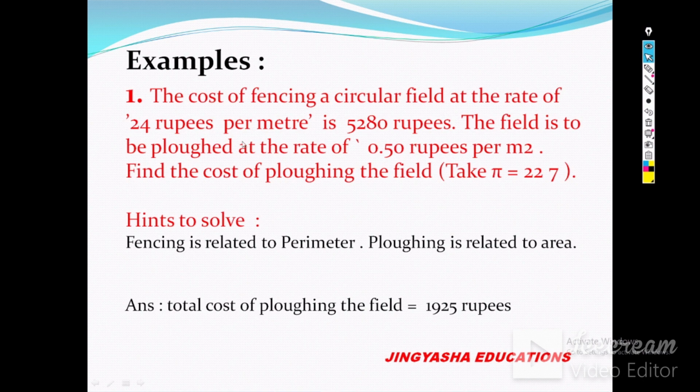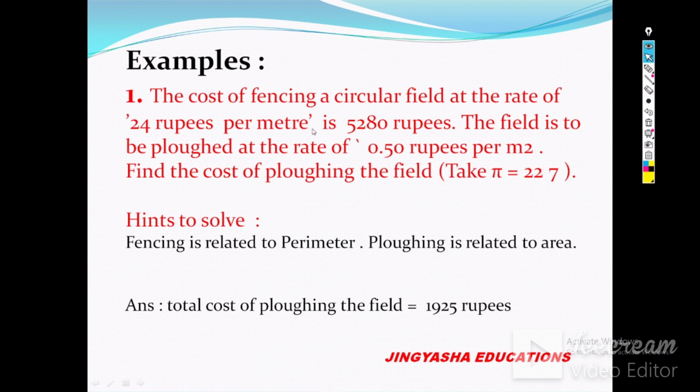For perimeter, you know the formula. If 24 rupees per meter is needed and the total cost is 5,280, then you can divide it by 24 to get the length of the circumference, and in the same way you can get the area. Here it is given that 0.50 rupees per area is needed.